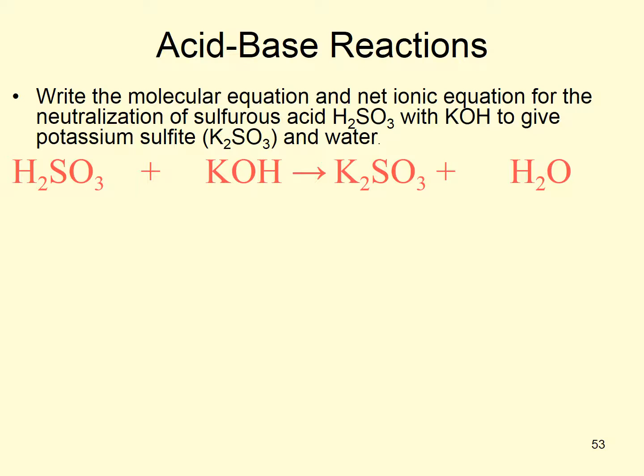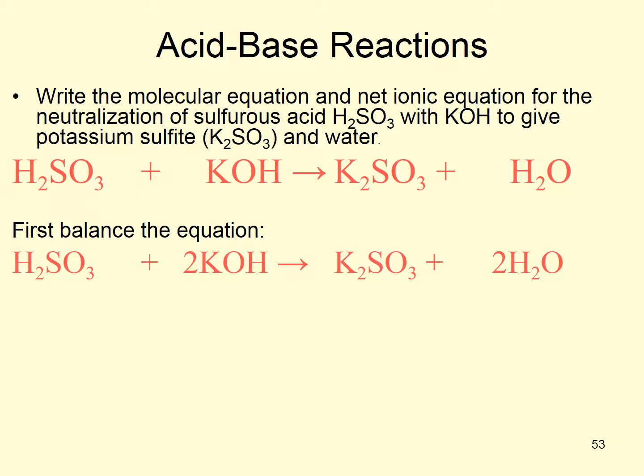One thing you may notice is that this reaction is not balanced yet. So let's balance the equation. We need to put a 2 in front of the KOH, and then a 2 in front of the water, and that looks good. Now the next thing we want to do is identify which acids and bases are strong and if our salt is soluble or insoluble.